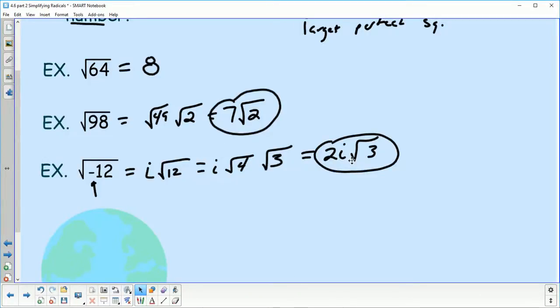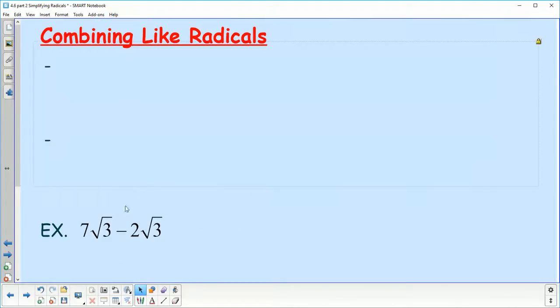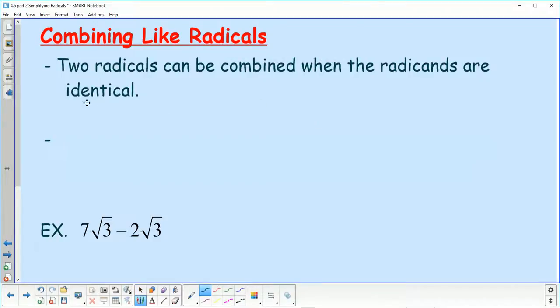Okay, so that would be if we have just one radical, or if we multiply two radicals together, we could simplify them like such. If we had radicals in two different terms like we do here, so we're combining, we're subtracting in this case, we're first going to only combine them if the radicals are identical. So here you see they are identical, the square root of 3 and the square root of 3. They're the same, so we can combine them.